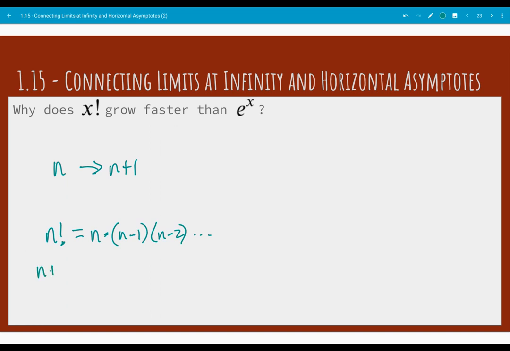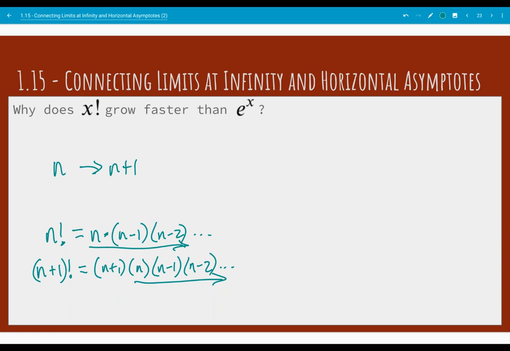If we were to plug in n plus 1, so we go to the next number on the x-axis, then what we get is n plus 1 times n times n minus 1 times n minus 2, and so on. You'll notice that the n times n minus 1 times n minus 2 all the way down is the same in both of them.